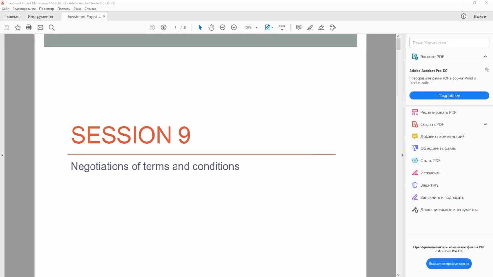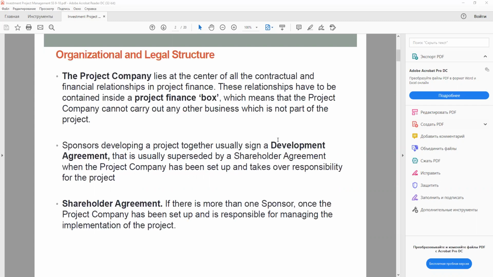We started session 9 last time about negotiations of terms and conditions in the course of setting up project finance. And we touched the concept of project company and its founding documents like development agreement, shareholder agreement.